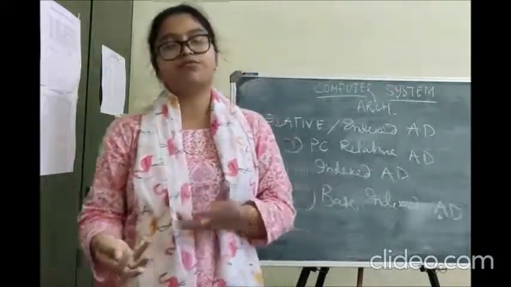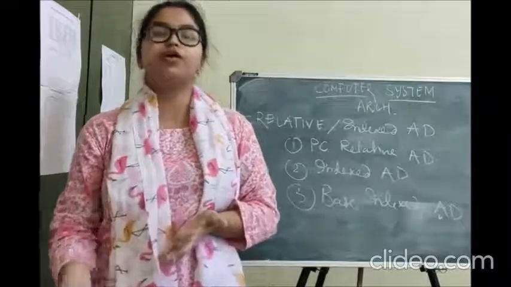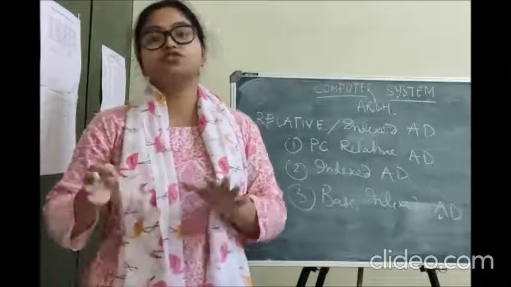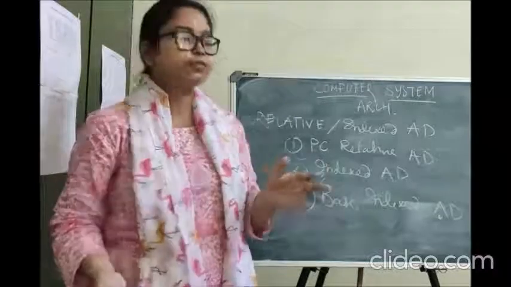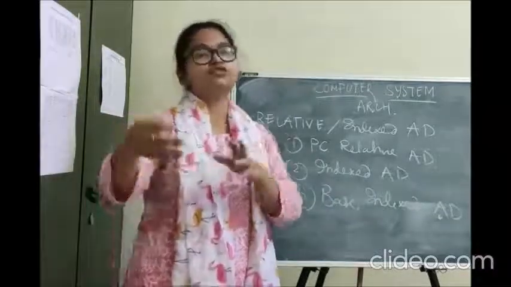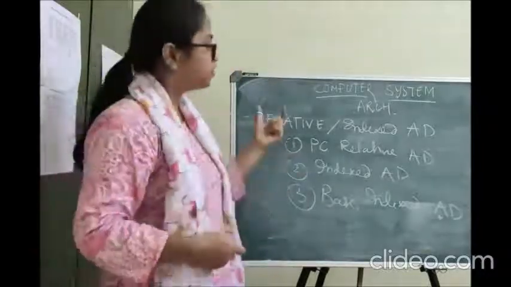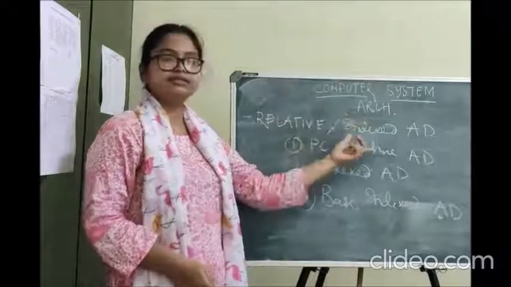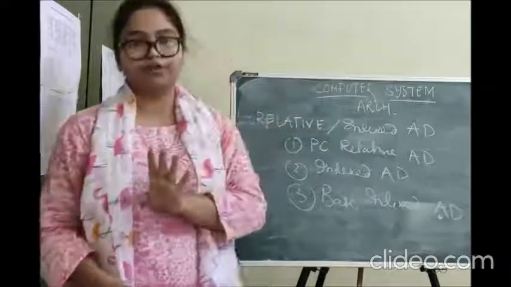In some, the effective address is given in a register. In some, the effective address is not provided; instead, the address of the effective address is provided. So the aim is always to reach the effective address so that we can get the operand. That's the idea. Here, the effective address is retrieved by adding some number to it.